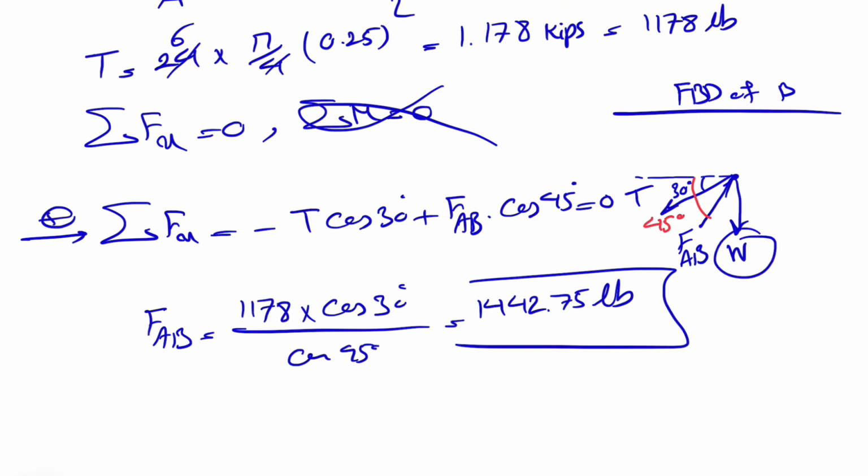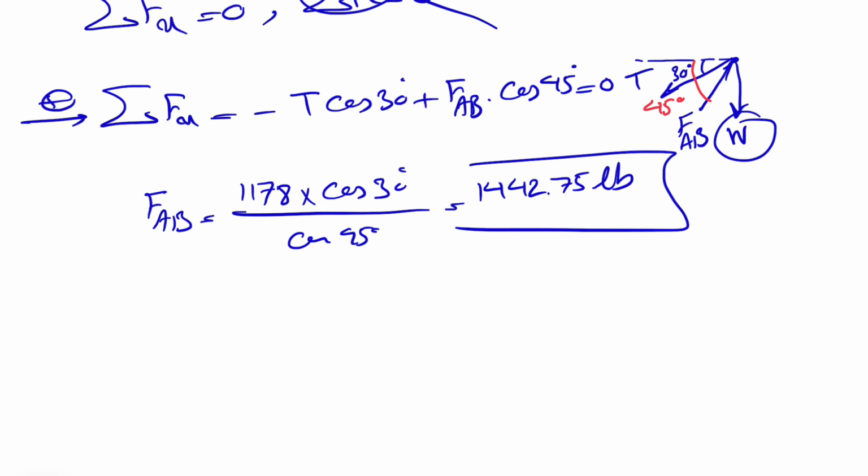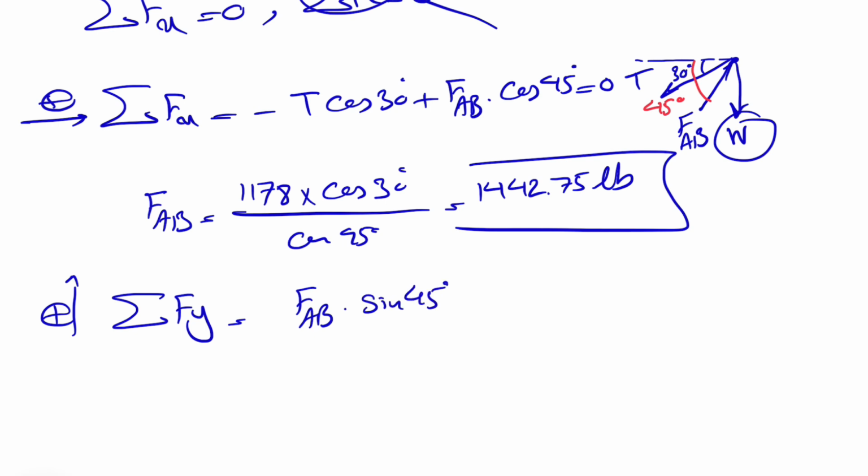And what we are looking for is the greatest load or the weight for this load that we have in here. So if we do the sum of all forces in y direction, this will be positive. This time we'll have FAB sine of 45 degrees minus W. And we also have the y component of T, minus T sine of 30 degrees, is equal to 0.